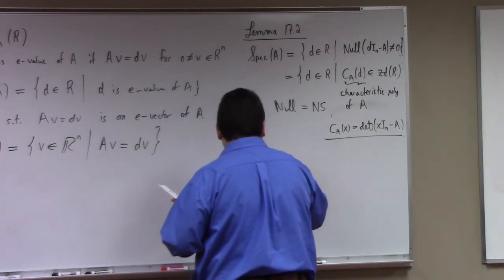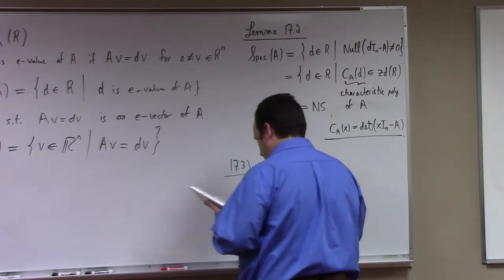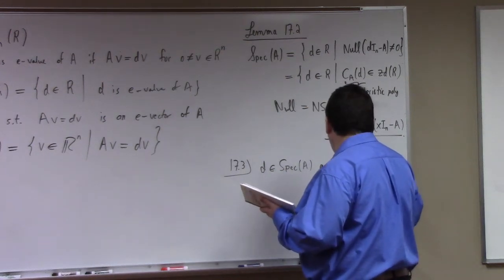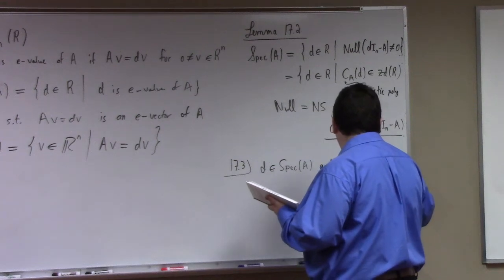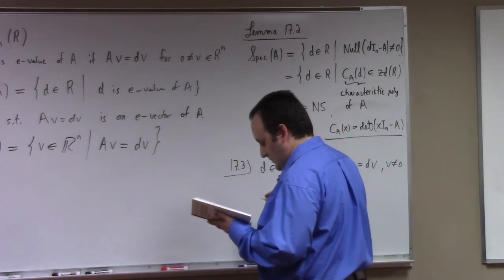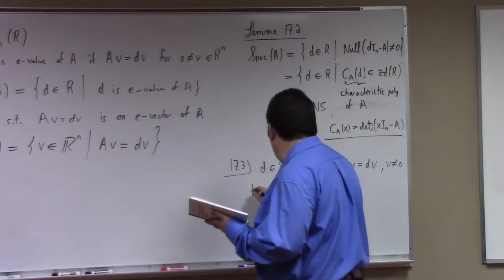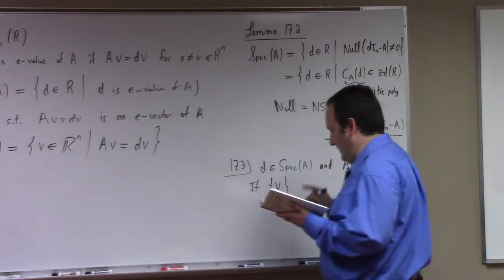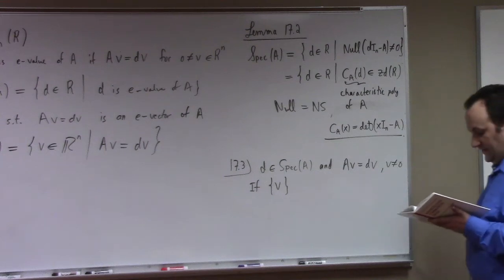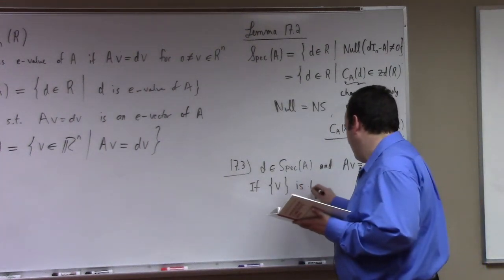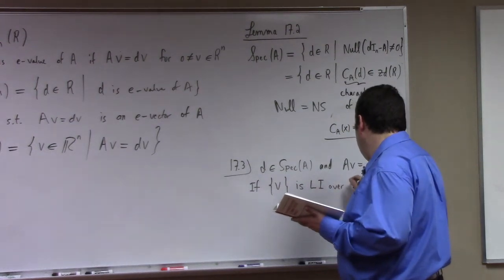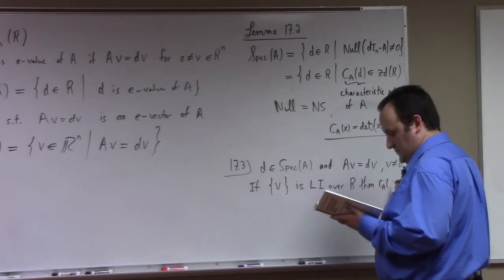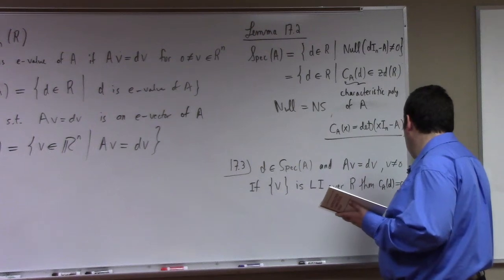If d is in the spectrum of A, or d is an eigenvalue, and if we also have that Av is equal to dv for some v not equal to 0, then if the set containing v is linearly independent over R, all right, then c_A of d is equal to 0.